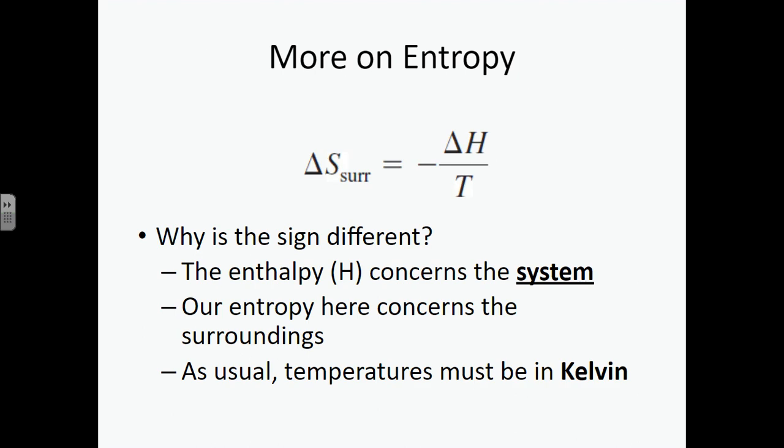Now, to reiterate what I said before about this relationship between enthalpy and temperature, we're looking at the delta S of the surroundings specifically. Notice there is a new equation here, and what this equation tells us is that there's a relationship between enthalpy and temperature.